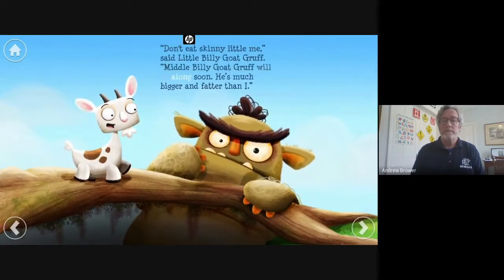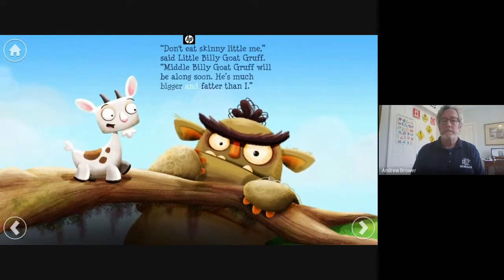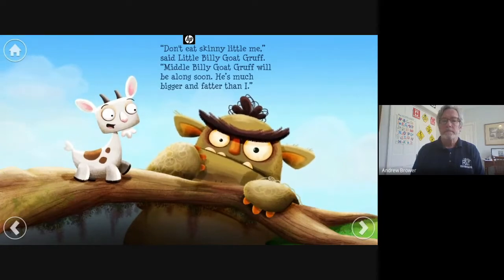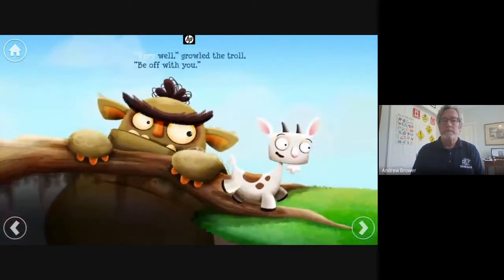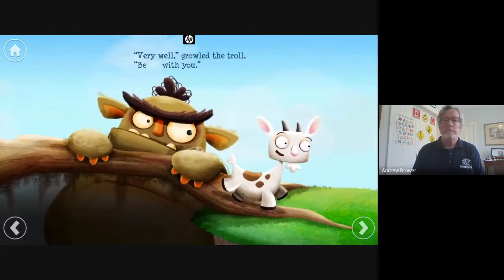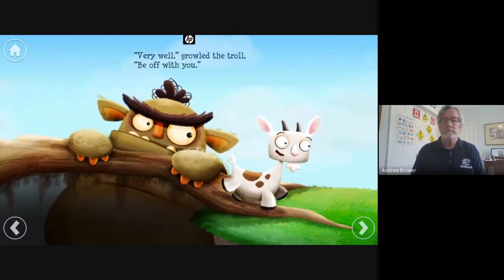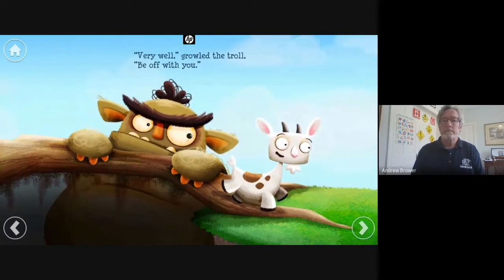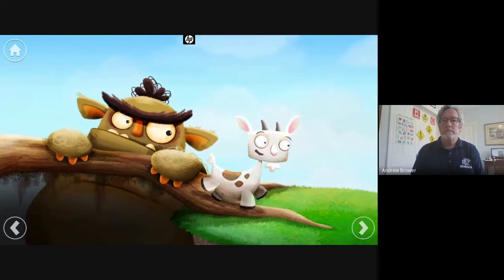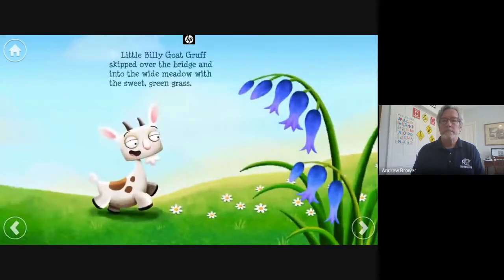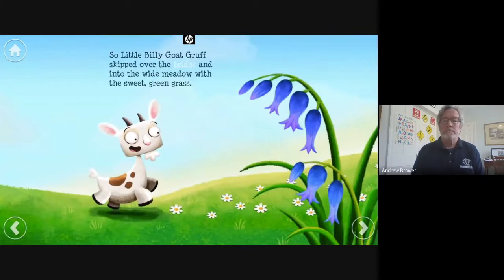Middle Billy Goat Gruff will be along soon. He's much bigger and fatter than I. Very well, growled the troll. Be off with you. So Little Billy Goat Gruff skipped over the bridge and into the wide meadow with the sweet green grass.